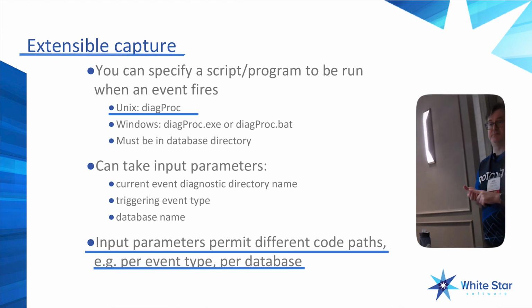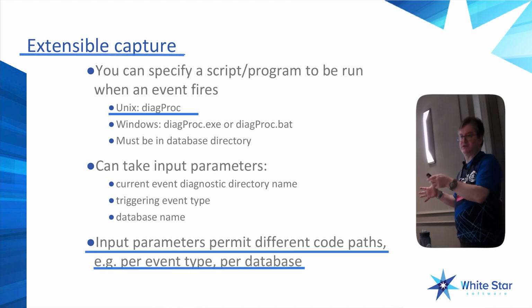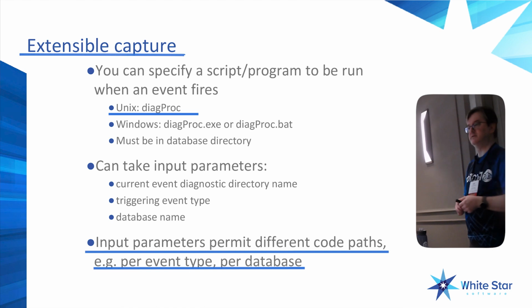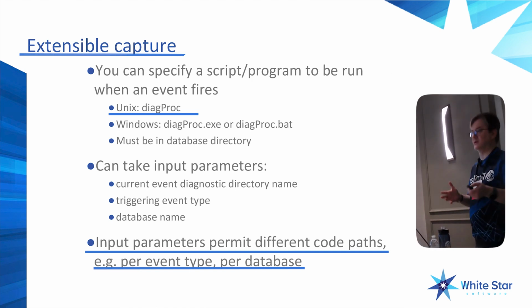You could vary it by event type, so run one block of logic for log table overflows, but a different flow of control for BI threshold exceeded and so forth. So it's very customizable, which is nice.